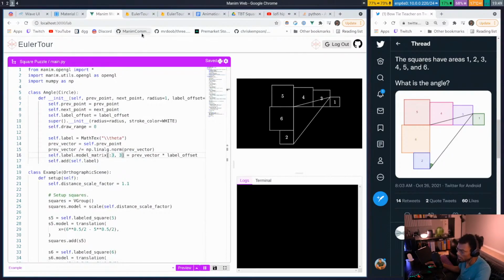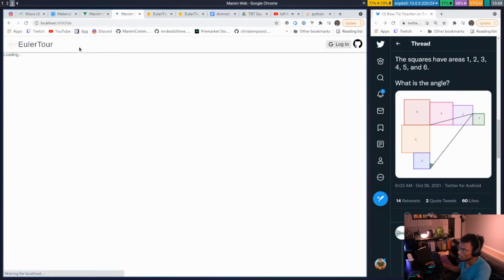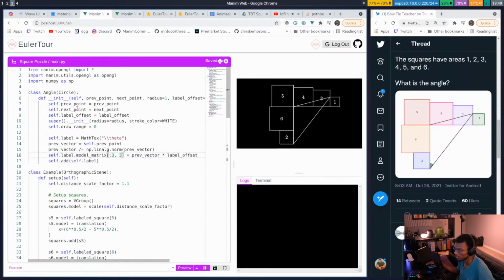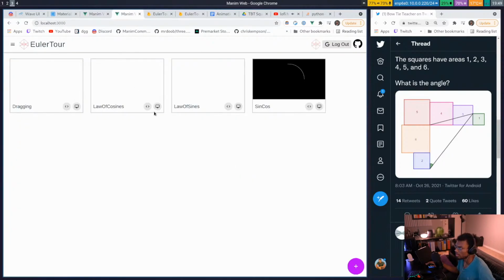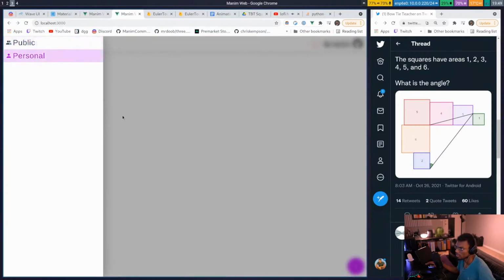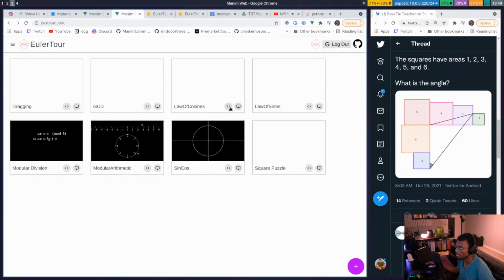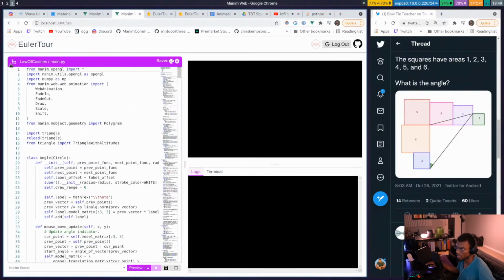Self.add, self.label. I will need the update code I used. Because I have to convert those 2 points into a draw range for the angle.